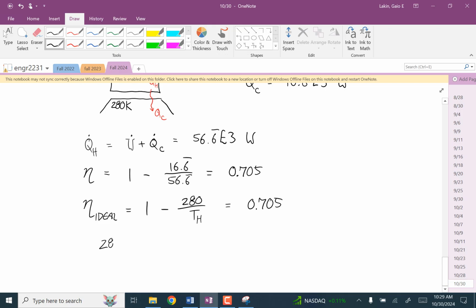So 280 over TH is equal to 0.295. And so TH is equal to 280 divided by 0.295.